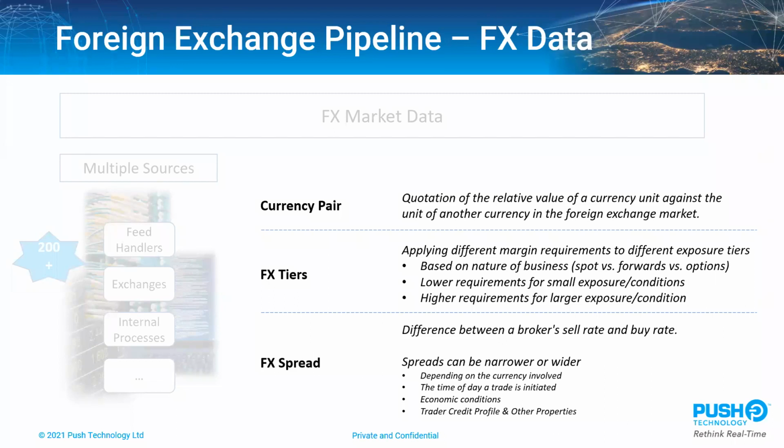And these are called spreads. Spreads can be narrower or wider, depending upon what the currency is, the time of day, what the economic conditions are, and even the trader credit profile and other properties.